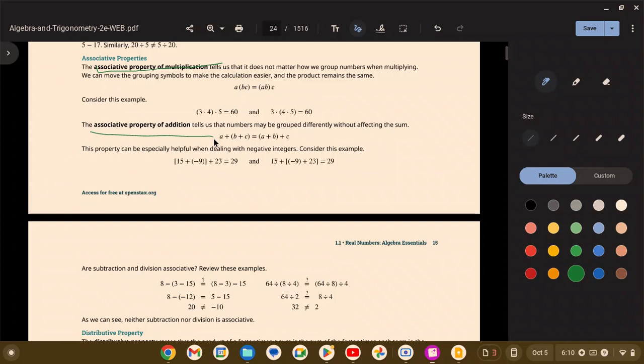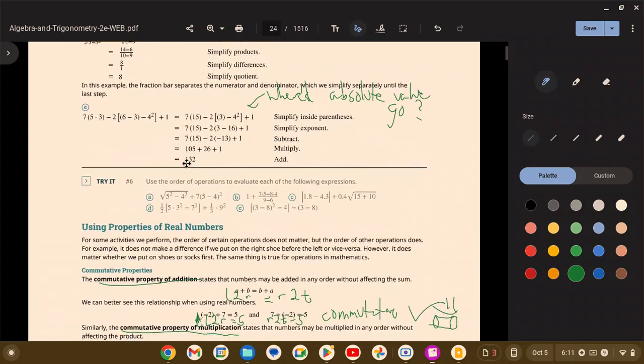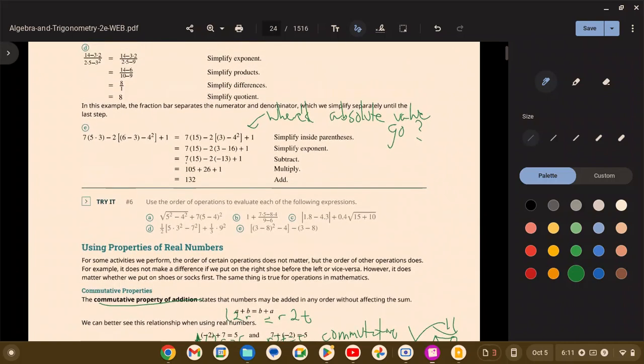And then there's an absolute value there. Oh, you know what? Because of how small the font is, I could be wrong, because the brackets look like absolute value symbols. That's what happened.